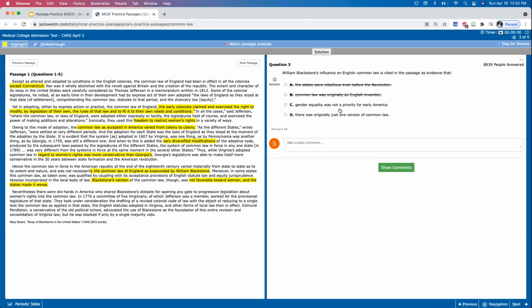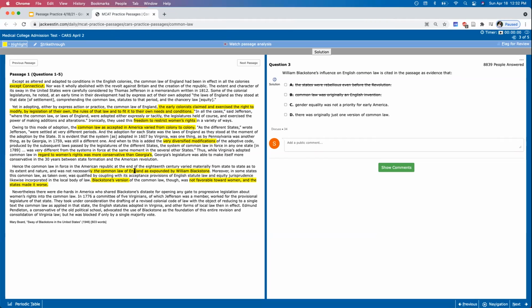Okay, gender equality was not a priority for early America. Okay, that seems okay, as we did discuss a lot about the women's rights. And there was originally just one version of common law. This is also not what his reference was implied for.